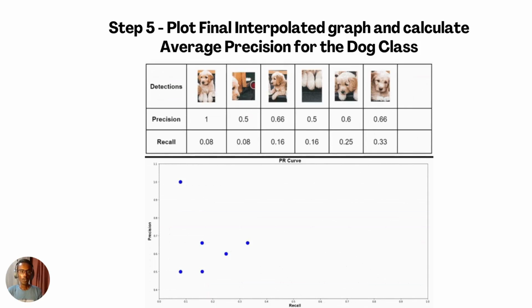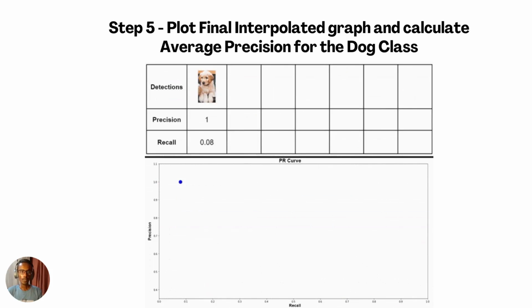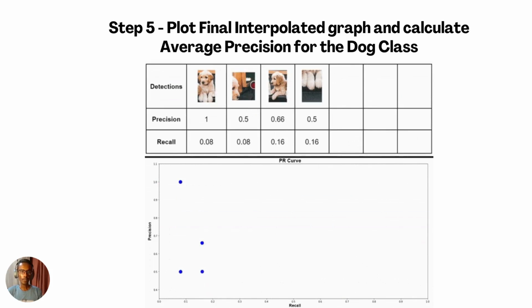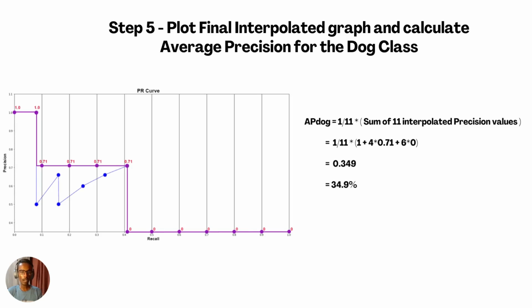Using our previous example, let's compute the average precision using the precision and recall values. We plot the final interpolated graph and calculate the average precision for the dog class. We have a list of all the precision values and recall values, and we plot them on the graph, as given in this diagram.